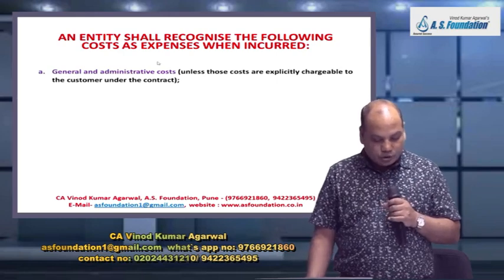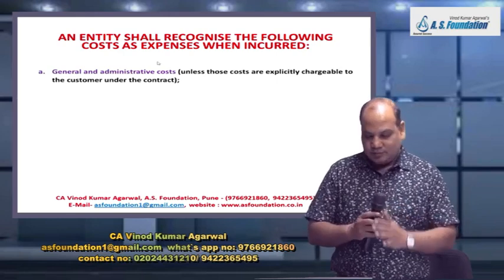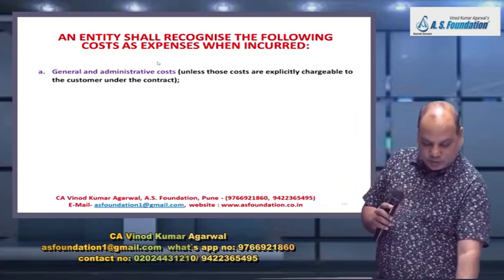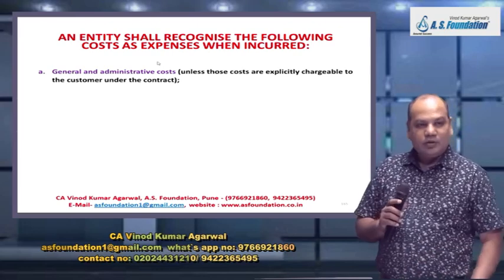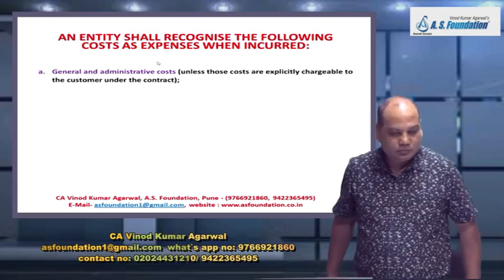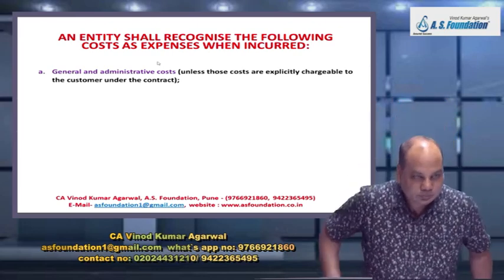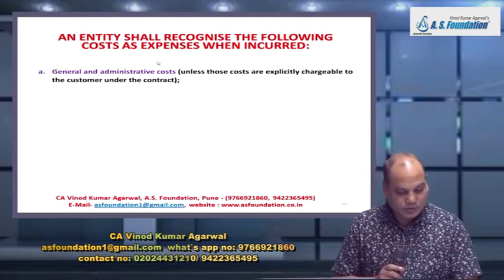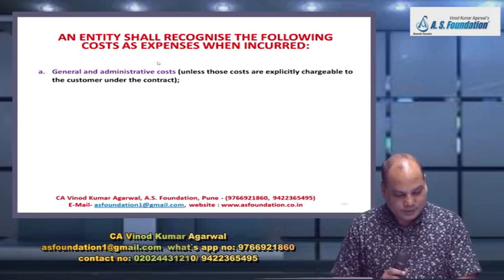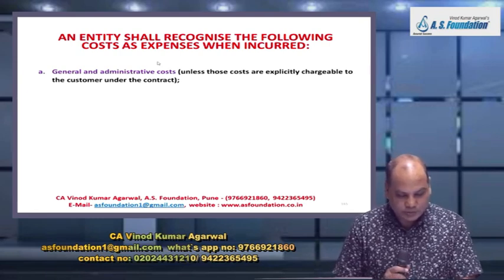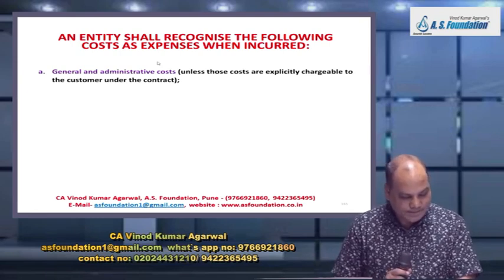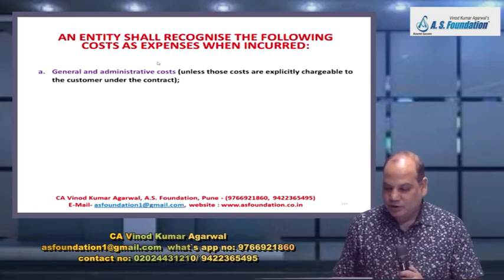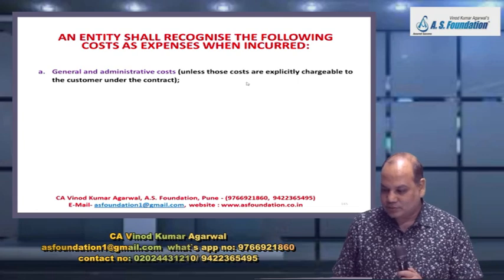Which costs will not be included in contract cost, and will be treated as an expense as and when they are incurred? Examples of such costs which will be charged to the P&L account as and when they are incurred: administration cost, general cost, general overheads.